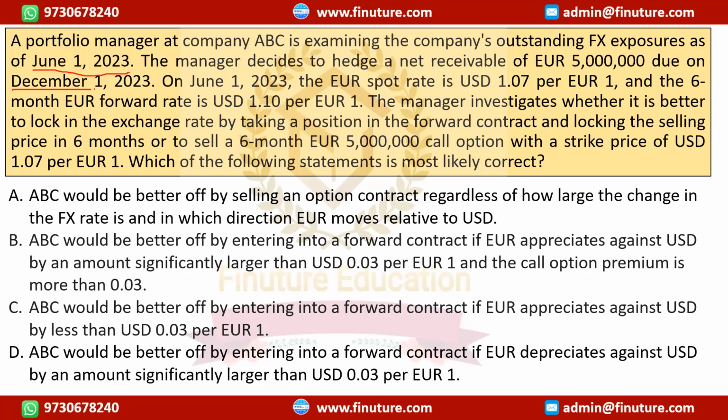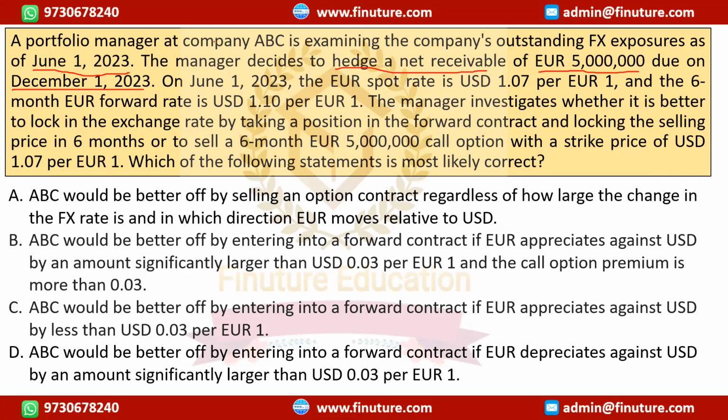So we are standing, ABC company is standing as on June 1, 2023. They are expecting a payment of 5 million euros on December 1, 2023. Now he wants to hedge this exposure. See, what happens is that you are going to receive euro and you want to convert this into dollar.